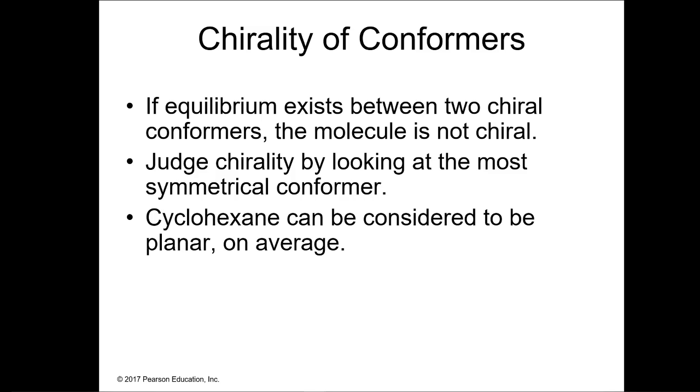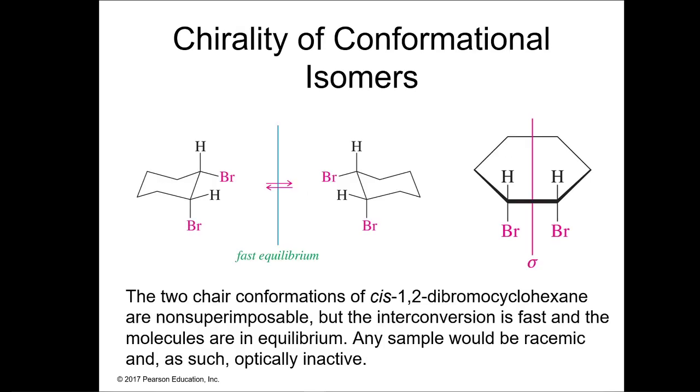So conformers, remember. If you have conformers and you can go between two different chiral conformers, then it's not chiral. If we look at this, remember conformers are like the axial equatorial stuff. So the chair conformations are interconvertible.